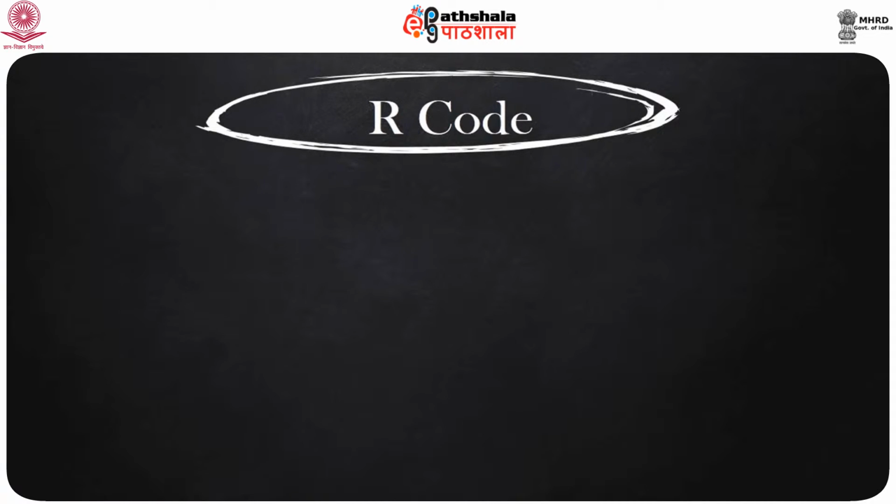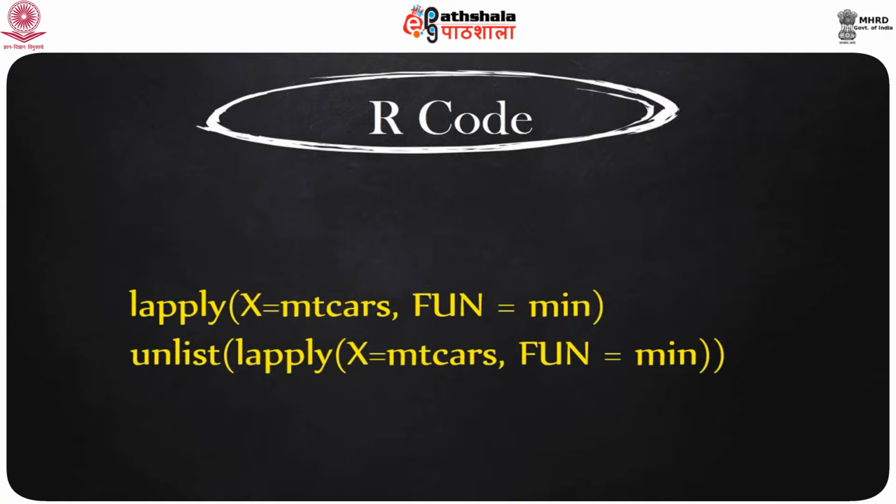Here, if we just put the arguments of the lapply function as x equal to mtcars and the function being applied as minimum, then the whole thing will be done. The second code is far clearer and more concise than the first one, even though a vector would be preferable to a list as an output. But we can always have solutions to this problem. We are coming to this a little while later.